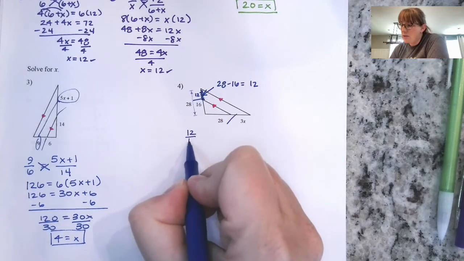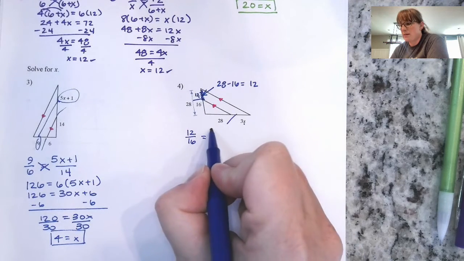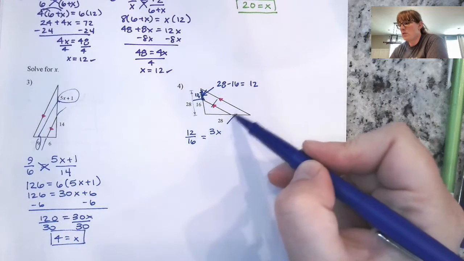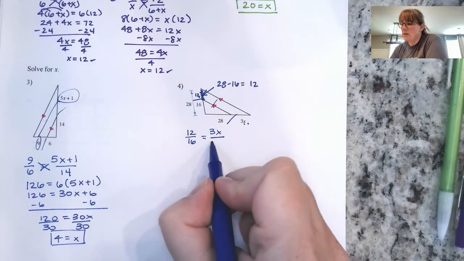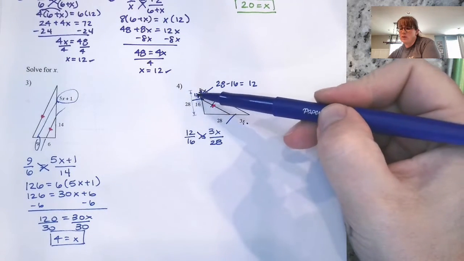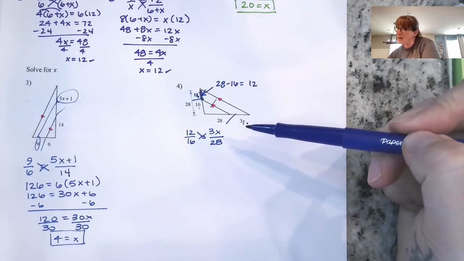So 12 over 16 equals 3x. Make sure you guys are doing it so that what's in between the parallel lines is 12, and in between the parallel lines is 3x, over 16 and 28. If you guys didn't do that, if you did 12 over 16 and then equals 28 over 3x, you would not get the same answer.